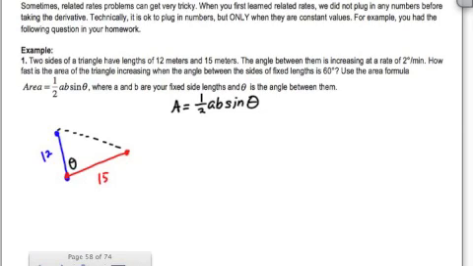Now the convenience of this is if I had A equals 1/2 a b sine of theta, and I took the derivative of those right there, and I assumed they were all variables, they were all changing. If you guys took the derivative, and you might have done this on your homework, you'd have to break it up into some kind of product. So don't do this. I'm going to show you what you would have had to do. You would have the derivative of the first one, so 1/2, and the derivative of the first one involves the product rule.